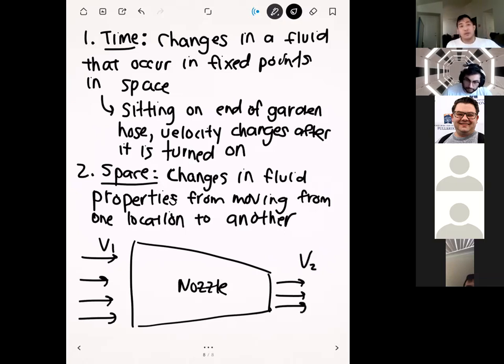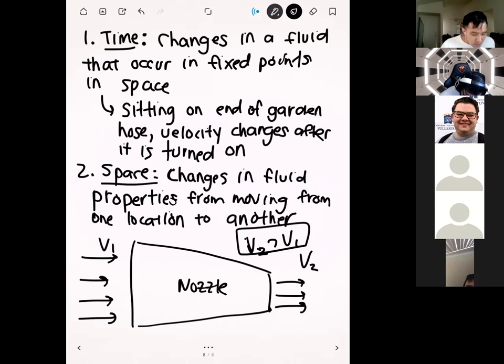Coming into the nozzle, we have a velocity coming in, which we'll call V1, and we also have a velocity coming out, which is V2. We just saw this on Monday. Because of conservation of mass, we know that V2 is going to be greater than V1, based on the fact that the outlet area at V2 is less than the inlet area at A1.